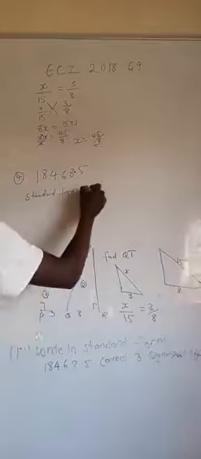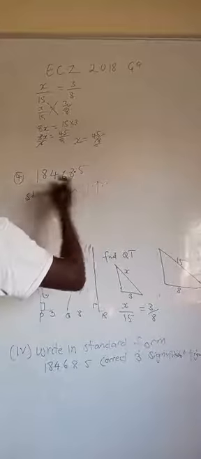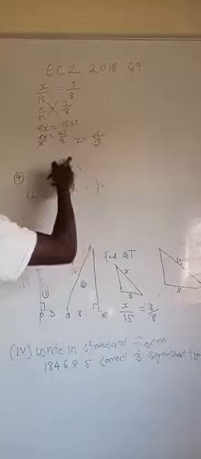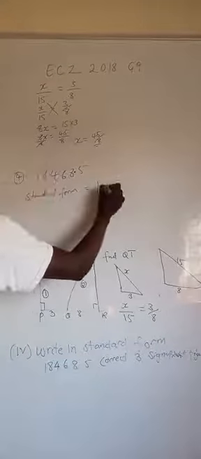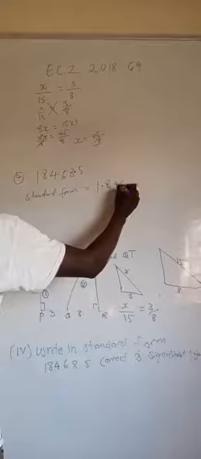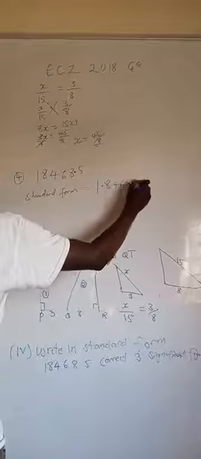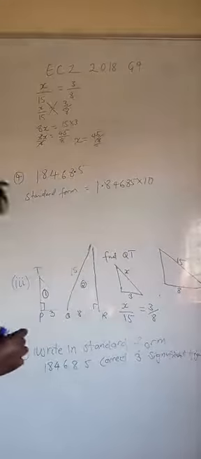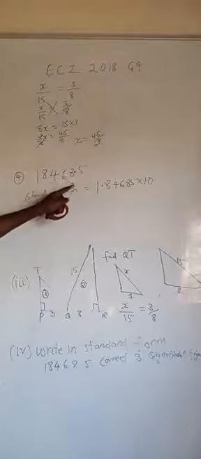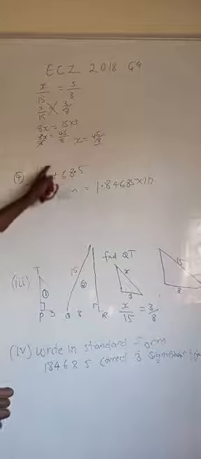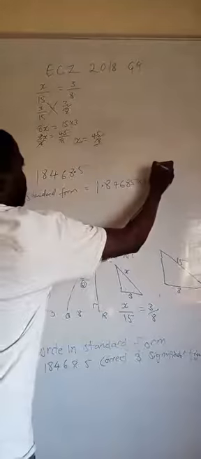The point has to come here, so it becomes 1.846085 times 10 to the power. It moves 1, 2, 3, 4 places.